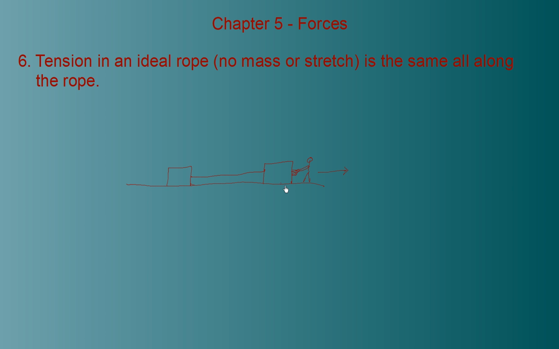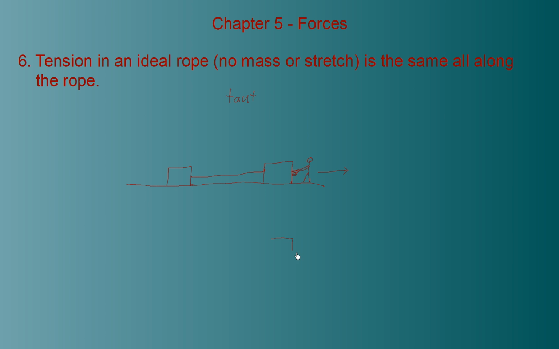Well, if they're pulling it, then you know that the rope is going to be taut, T-A-U-T, right? I think that's right. Meaning stiff or pulled tight, or there's tension in the rope. And this rope is going to drag along this box. Well, let's do a free body diagram of this block right here, down here.